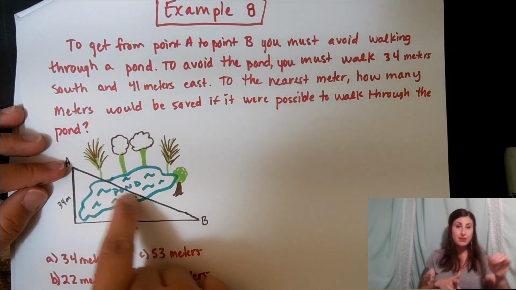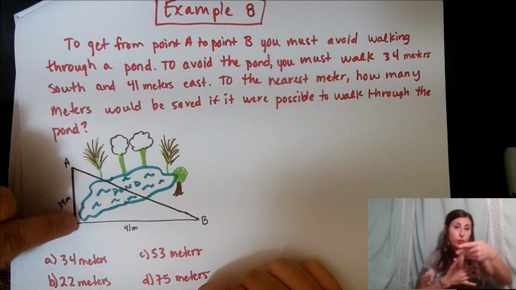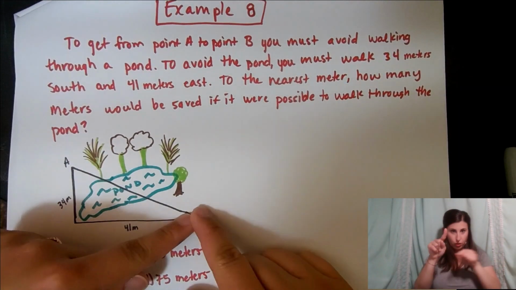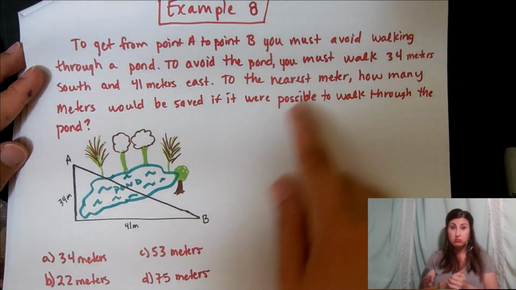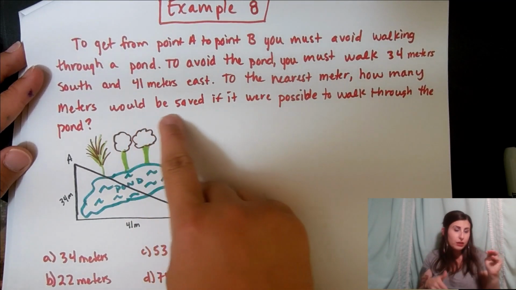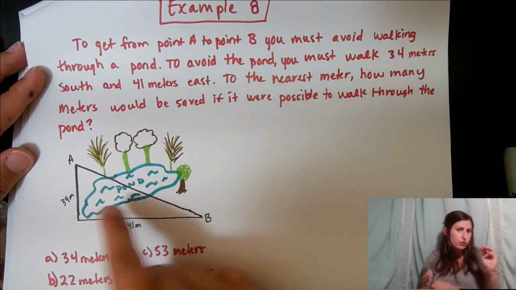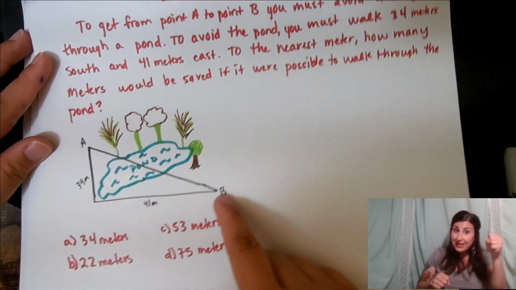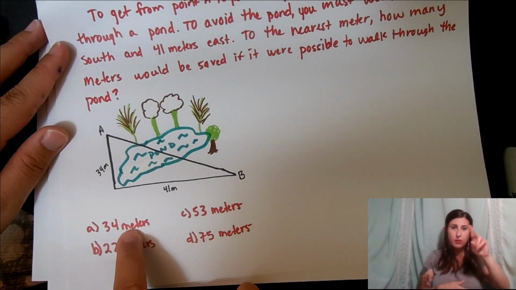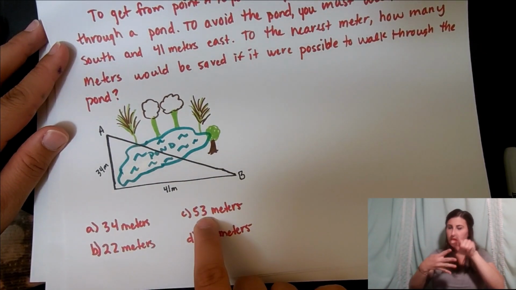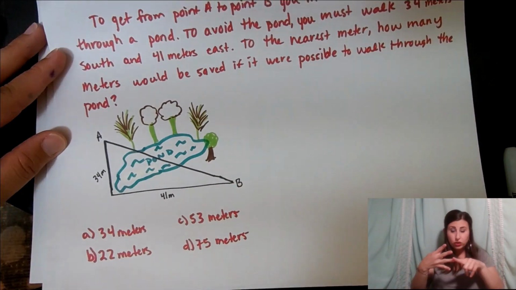If I don't want to walk through the pond, I can go down and then across. Okay, makes sense. To the nearest meter, how many meters would be saved if it were possible to walk through the pond? All right, I have these options. 34 meters, 22 meters, 53 meters, and 75 meters.